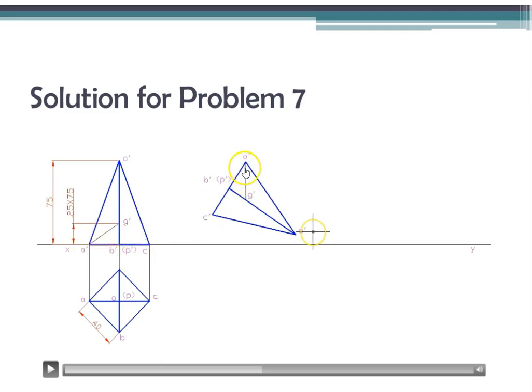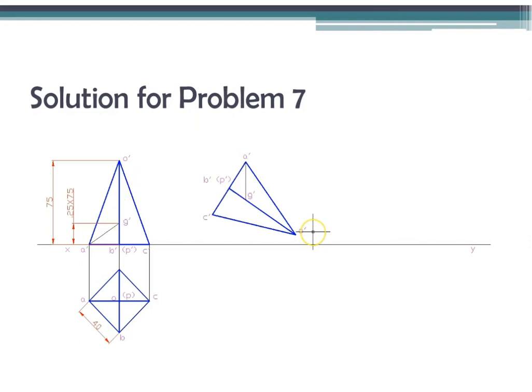So in the next view, what we basically do is we start drawing the vertical line, and from that vertical line we'll mark off these distances from this side and this side based on these angles which we have here, and complete the square pyramid. To make it much more clear, I can probably show it like that.